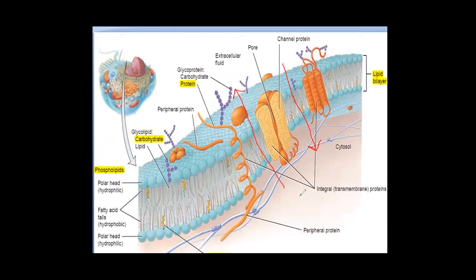Then we can keep things inside the cells more balanced. We take in what we need and take out what we don't need. For example, oxygen. Certainly each of the cells needs oxygen. We need oxygen to go in.